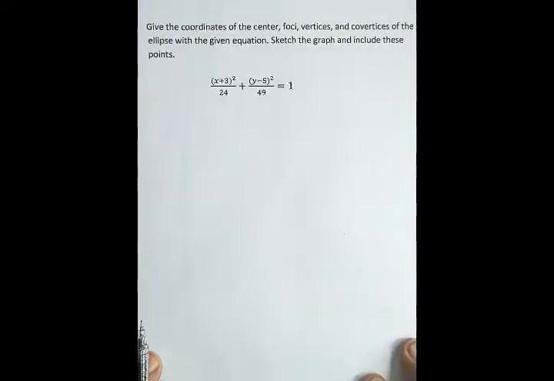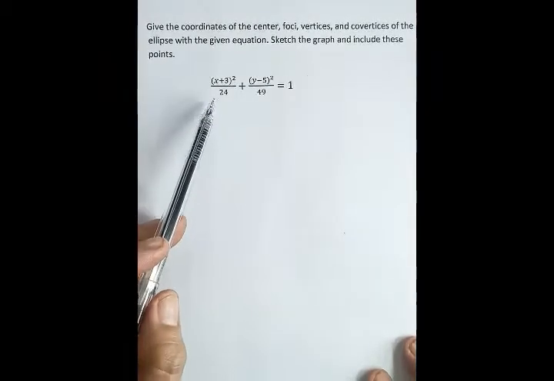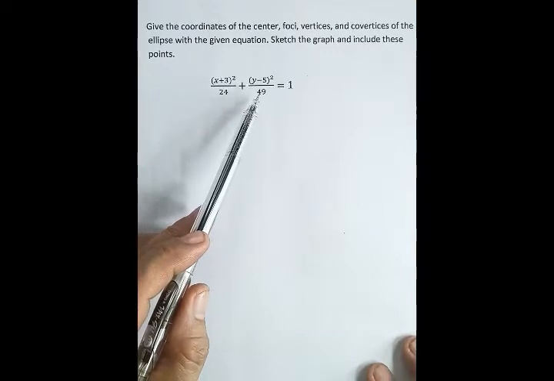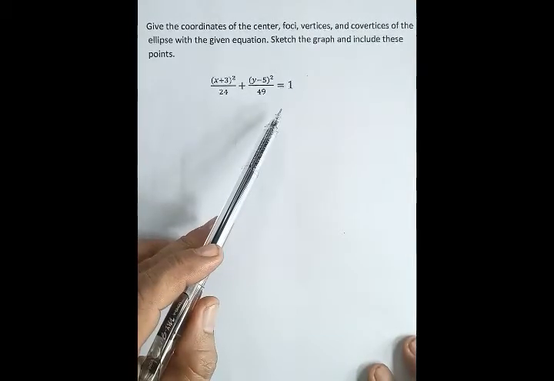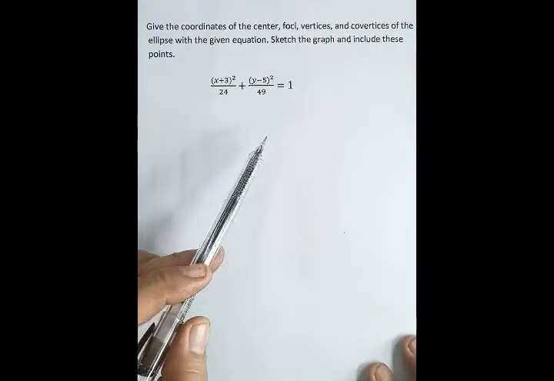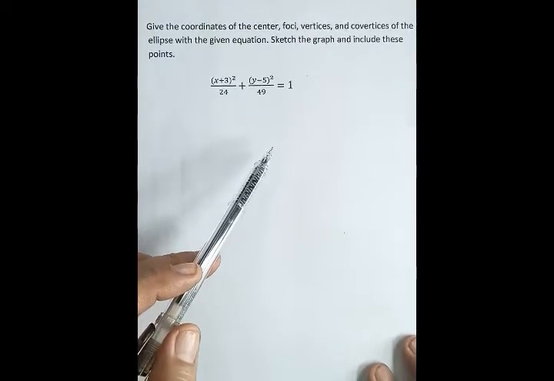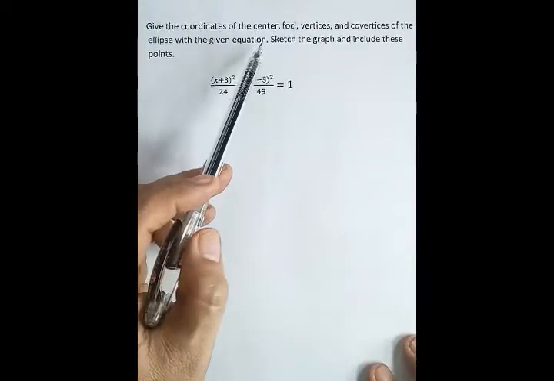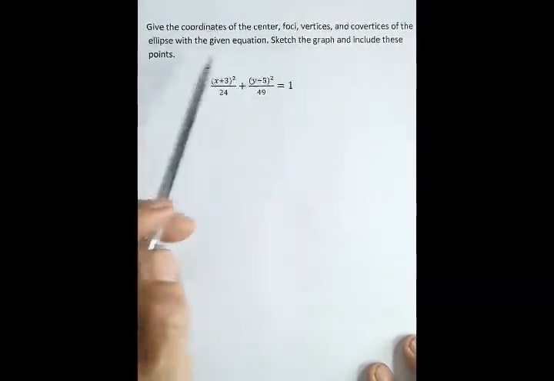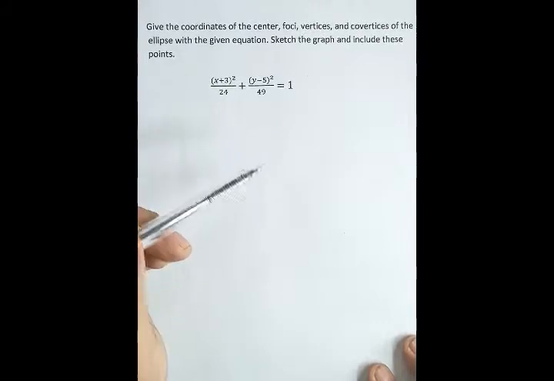For our next example, we are given the equation of the ellipse (x plus 3) squared over 24 plus (y minus 5) squared over 49 equals 1. Again, we have to give the coordinates of the center, foci, vertices, and co-vertices of this ellipse.